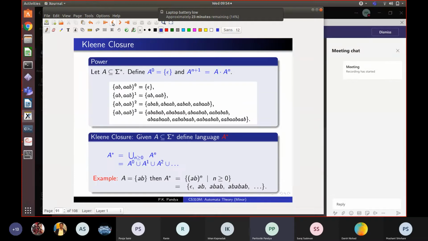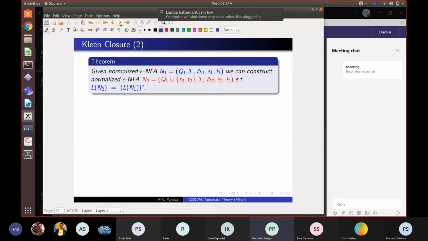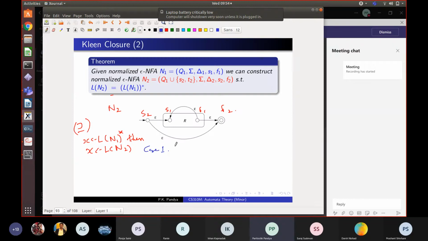It is the union of this. So when does a word belong to A star? Either it is epsilon, that is it belongs to A to the power 0, or it belongs to the catenation of A some n number of times for some arbitrary n. So these are the two cases.